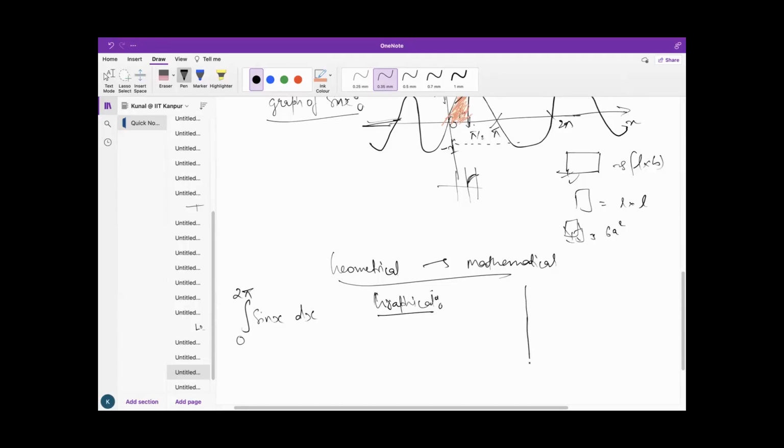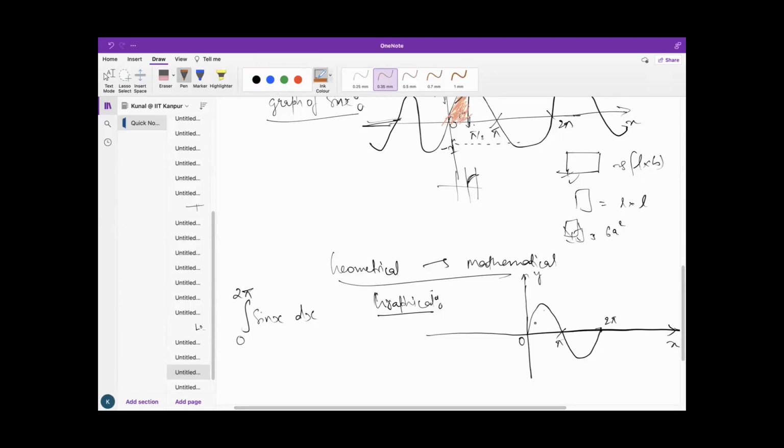So if I draw the graph of sin x in between 0 to 2 pi, this is 0, this is pi, and this is 2 pi. If you see carefully, we have two parts.